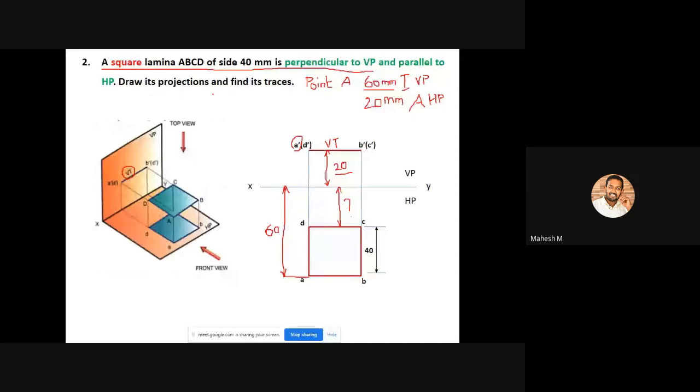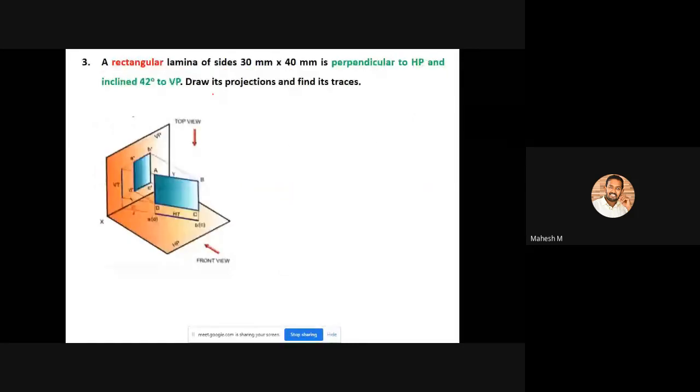So the third problem is perpendicular to HP and inclined at 42 degree to VP. Actually our third condition was both perpendicular, so this is the fourth condition: a rectangular lamina of side 30 mm into 40 mm.